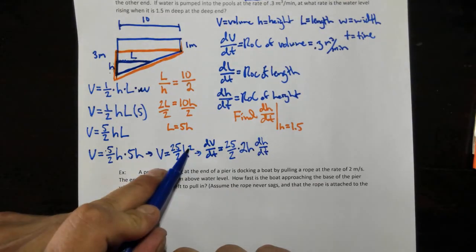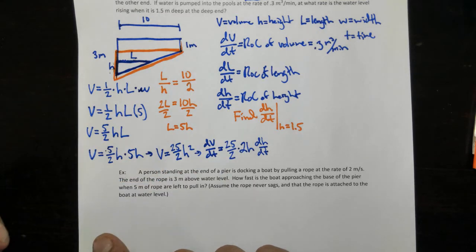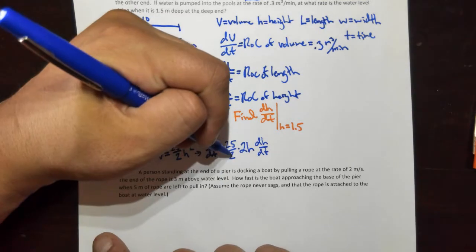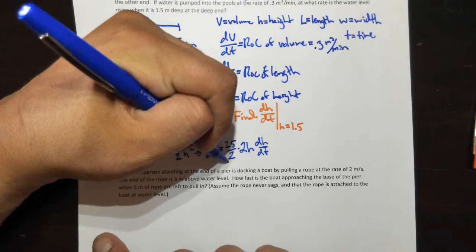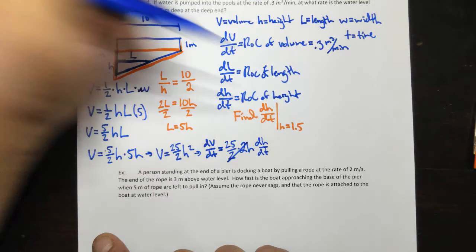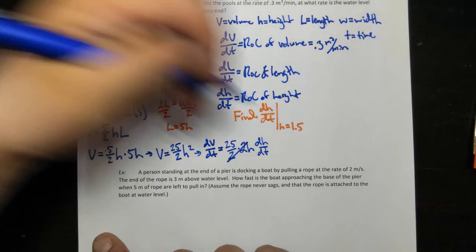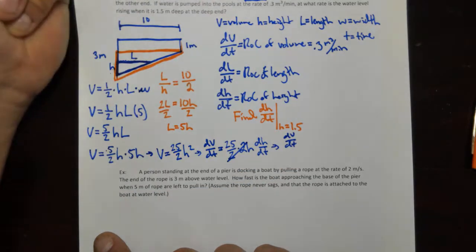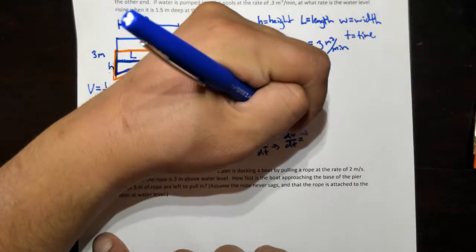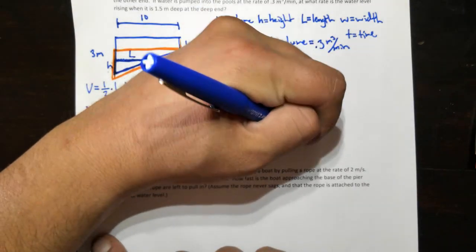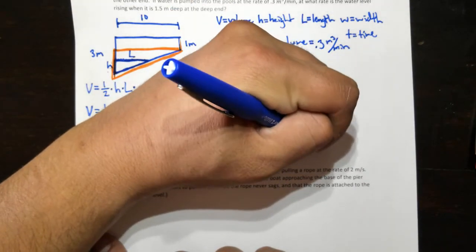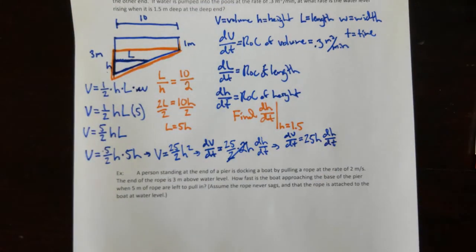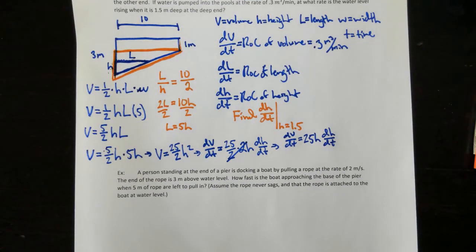Right, h squared turned into 2h from the power rule. Okay, so we can clean this up a little bit. These 2's cancel. So we're left with dV dt is equal to 25h dh dt. Okay, now we've derived our function and simplified it.